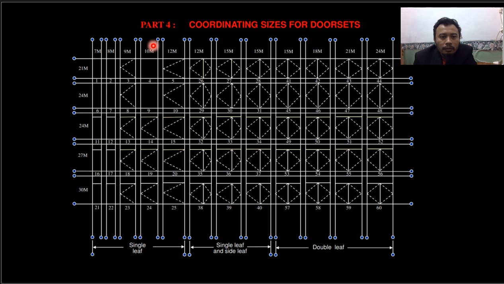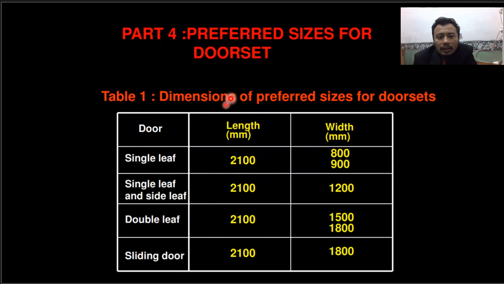For single leaf you have until 12 m. As we've discussed in the previous video, m is 100 millimeters. So this is 700 mm, 800 mm, 900 mm, and 1000 mm for the width, and the height is 2100. As you can see in the next slide, these are the preferred sizes for door sets.